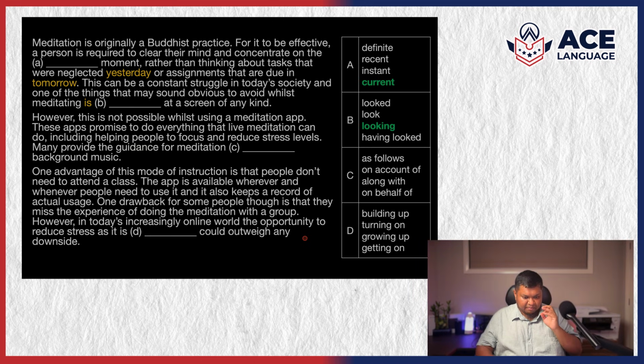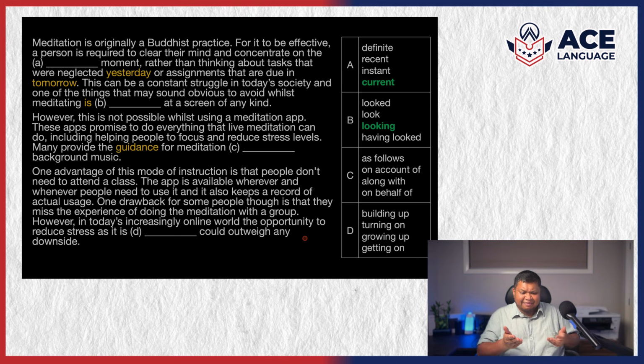So here, keyword here is guidance. And what happens with guidance? See the word I'm using, with guidance. If I use as follows, that means after. That means after guidance, some background music plays. No, but I'm doing the meditation now, right? On account of doesn't really fit here. On behalf of means to do for someone else, right?